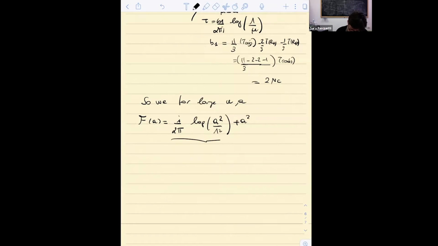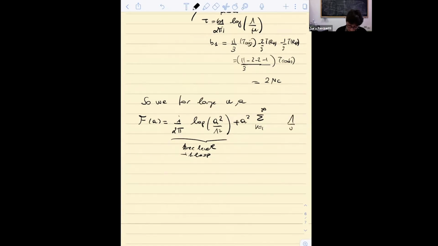This is the combination of the tree level plus one loop. And I'm using A instead of phi, because in this region I can identify phi with its VEV A. And then I have the contribution of all the non-perturbative terms, the instantons, which we already discussed.